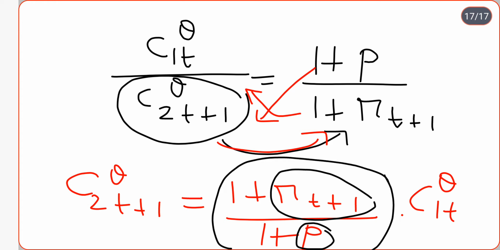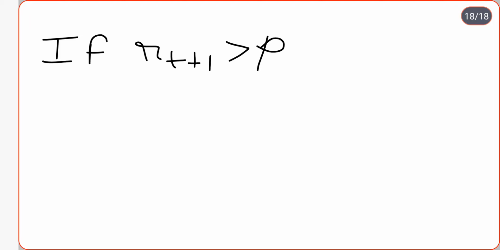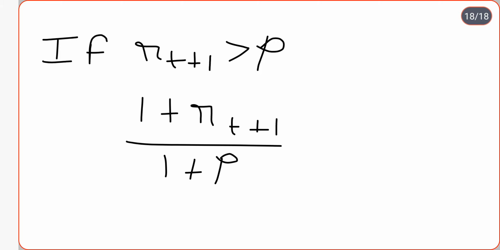Let me write it. If rt plus 1 is greater than rho, then 1 plus rt plus 1 by 1 plus rho will be greater than 1. Obviously if rt plus 1 is greater than rho, then this fraction will be greater than 1.